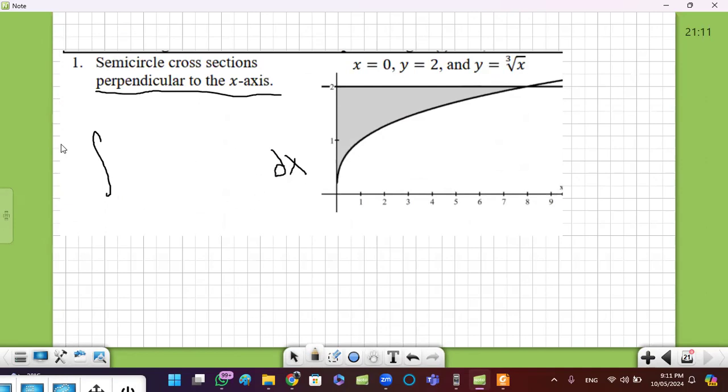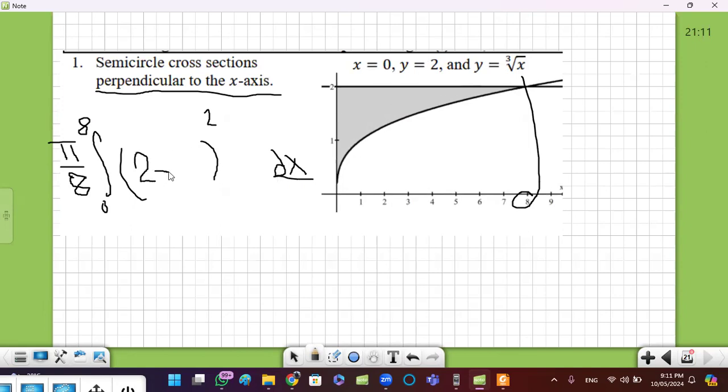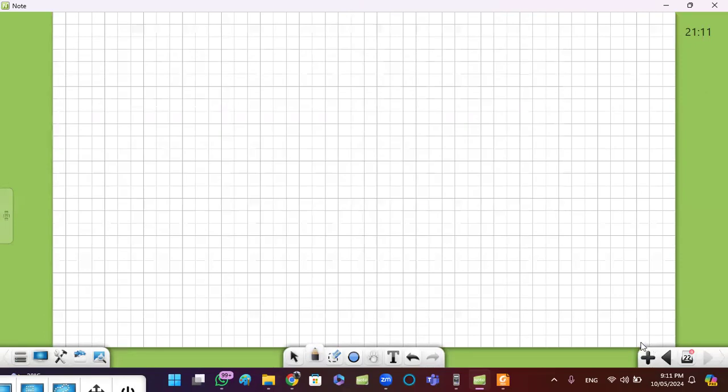And this is a semicircle, so I put pi over 8, from 0 to 8. What do I write here? This is dx, y minus y. Where is the first y? 2 minus radical 3 of x. Finished.